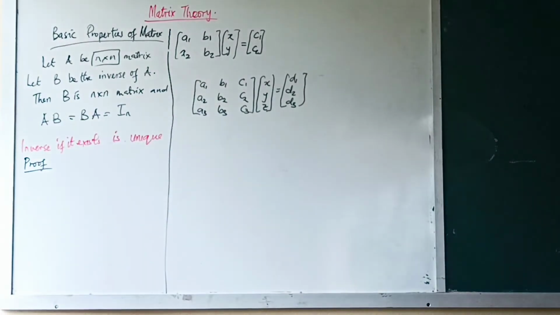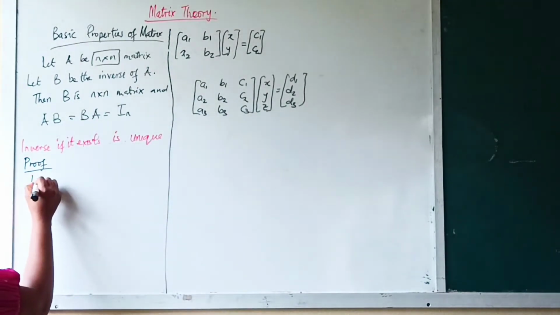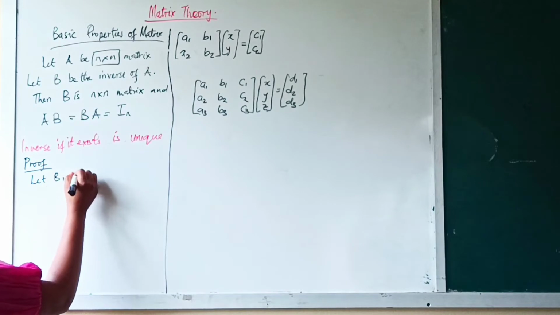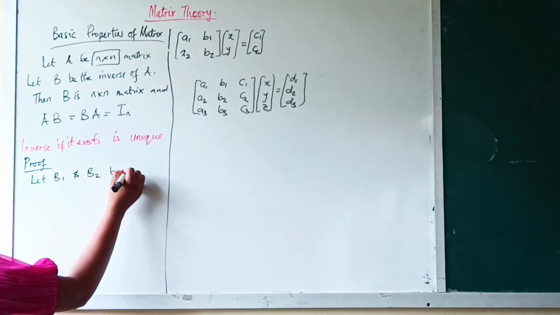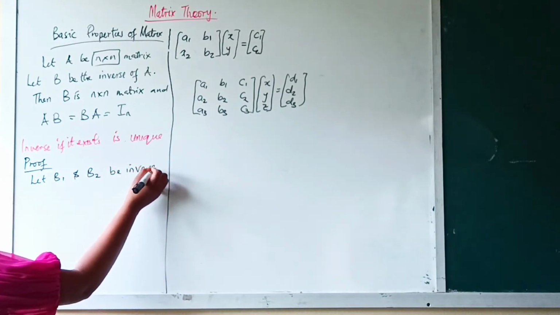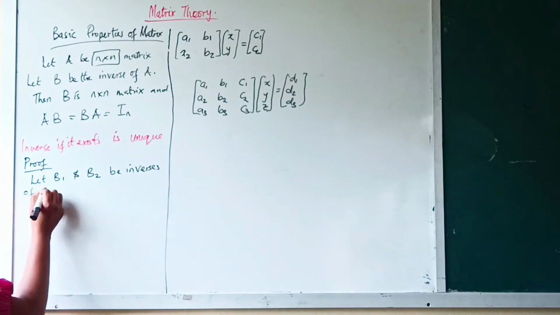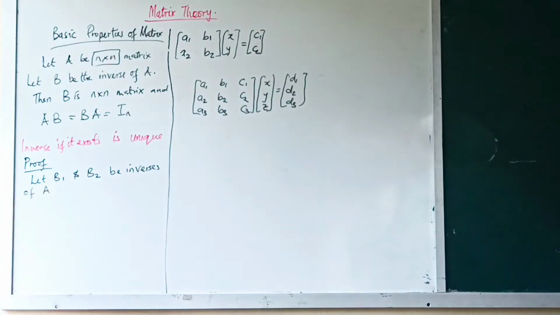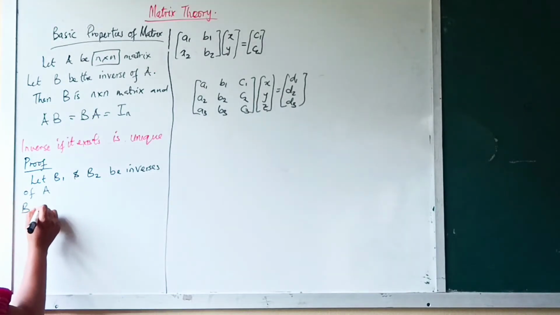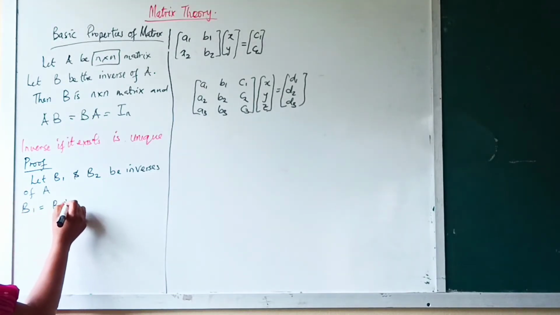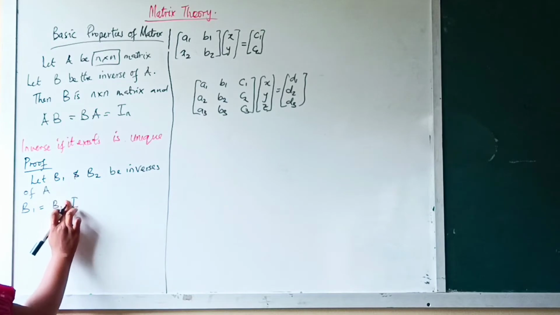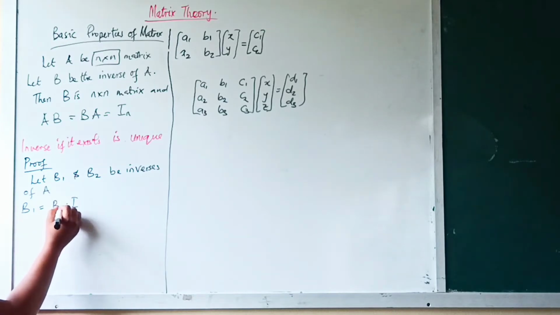Proof. Let B1 and B2 be inverses of A. By definition, B1 is equal to B1 times I, the identity matrix. Is it not true?